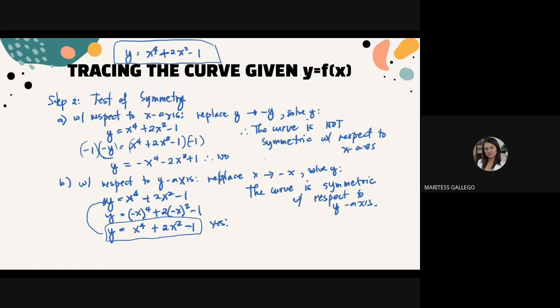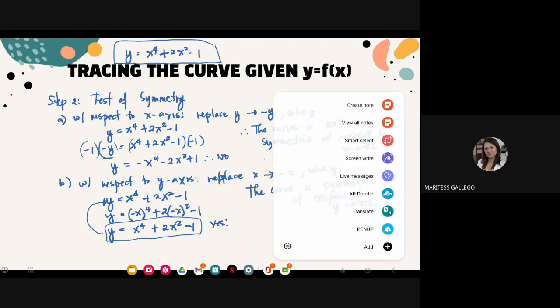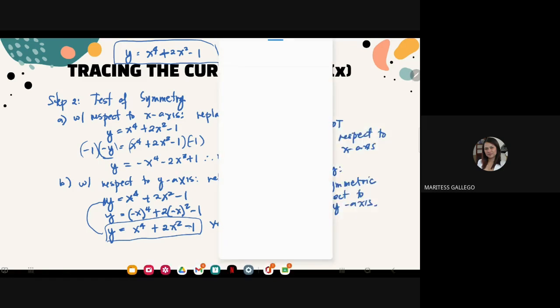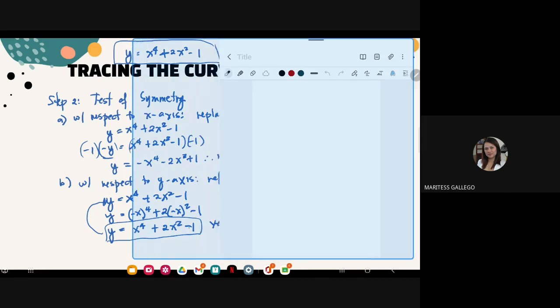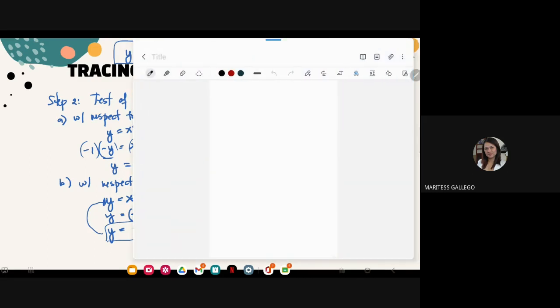Okay, and then the last one. The last one is we have to check kung symmetric siya with respect to the origin, point of origin. Okay, so letter C is with respect to the origin.